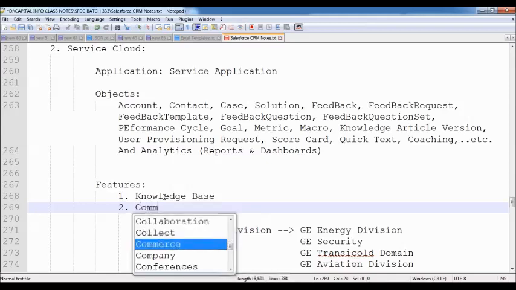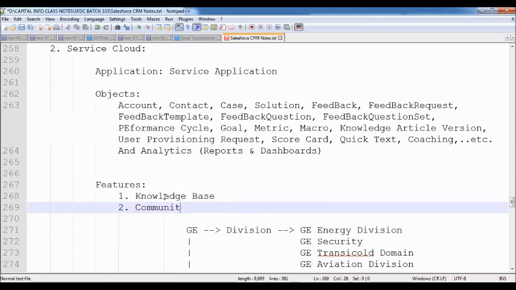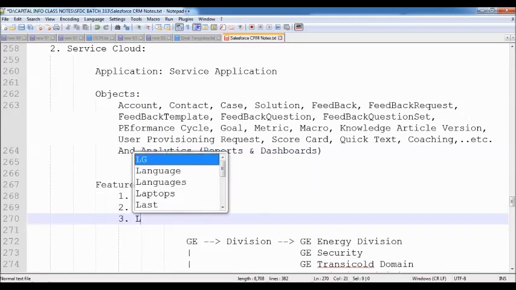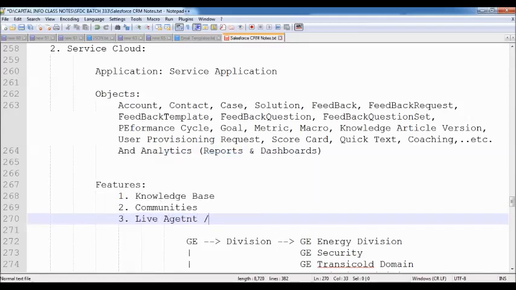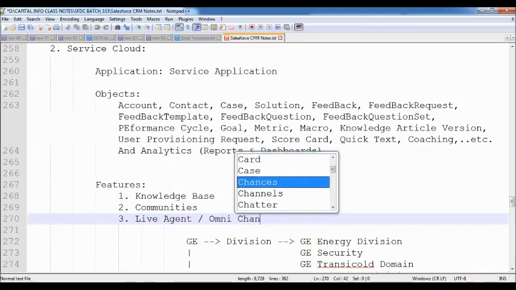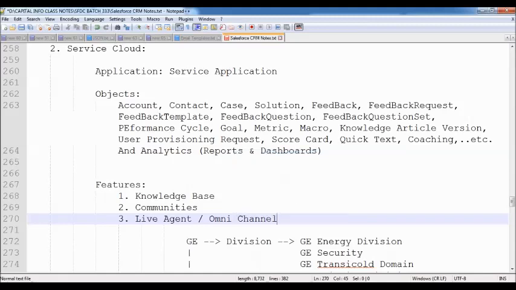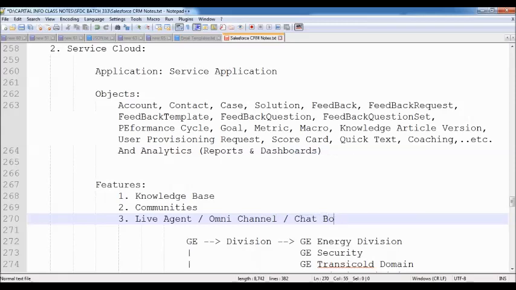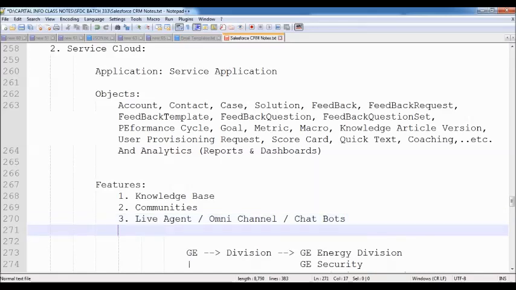Second one, the communities. Third one, live agent. Live agent is also called omni-channel nowadays, and these are also called chatbots.